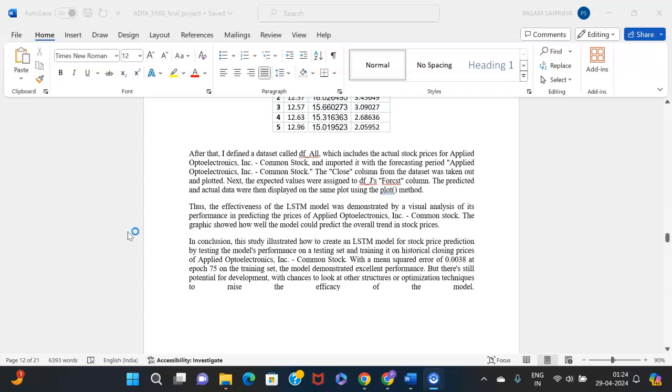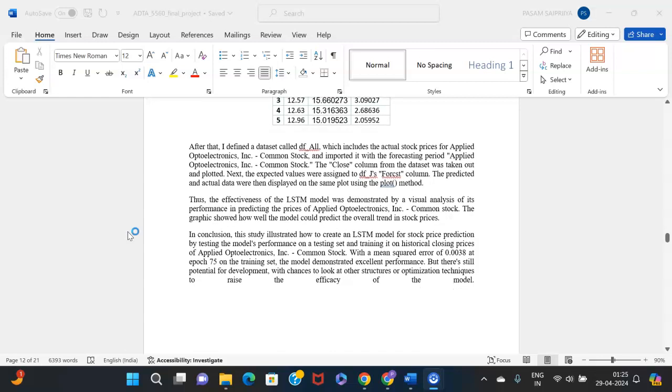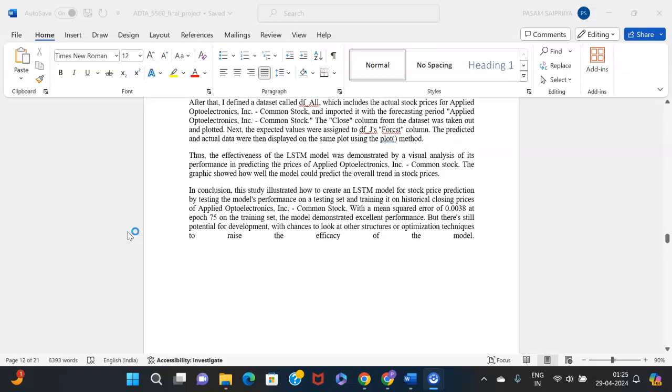The predicted and actual data were then displayed on the same plot using the plot method. Thus, the effectiveness of the LSTM model was demonstrated by a visual analysis of its performance in predicting the prices of Applied Optoelectronics common stock. The graphic showed how well the model could predict the overall trend in stock prices.